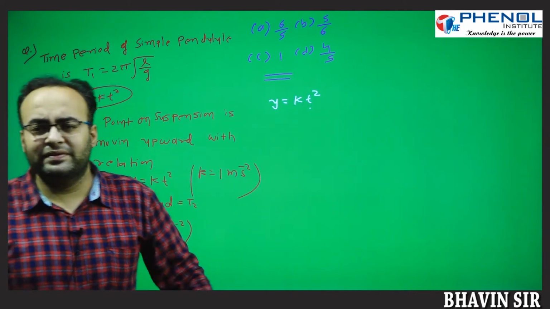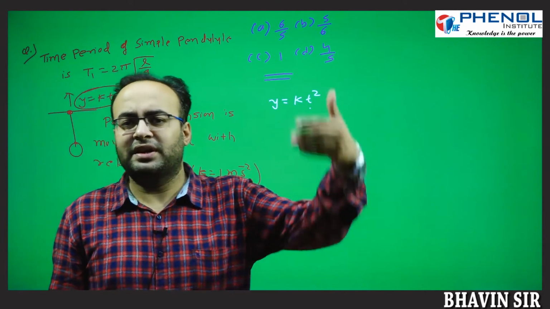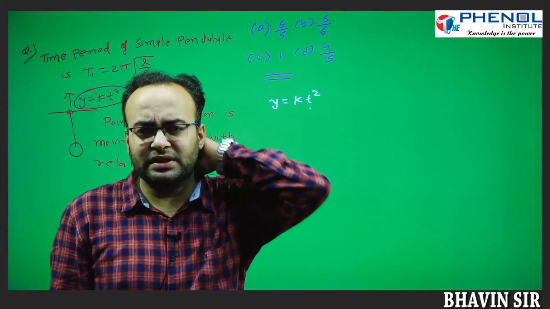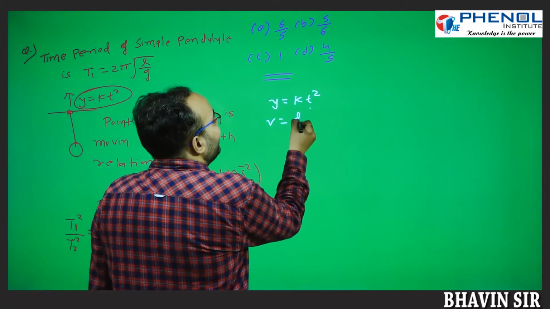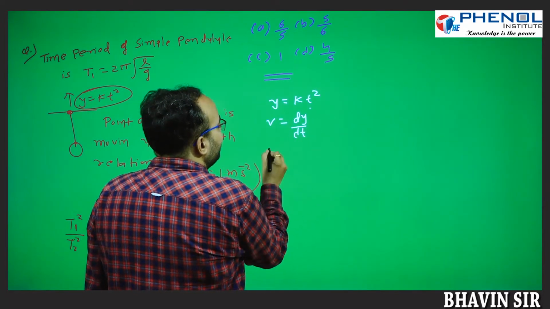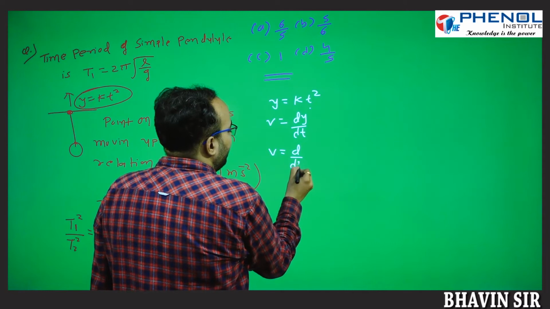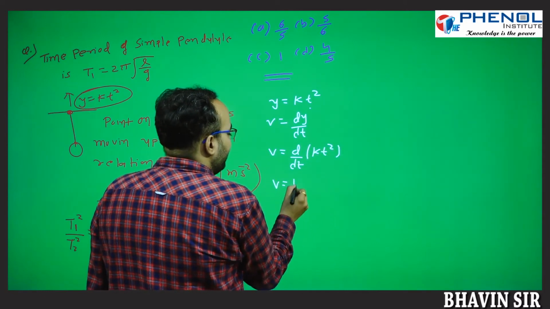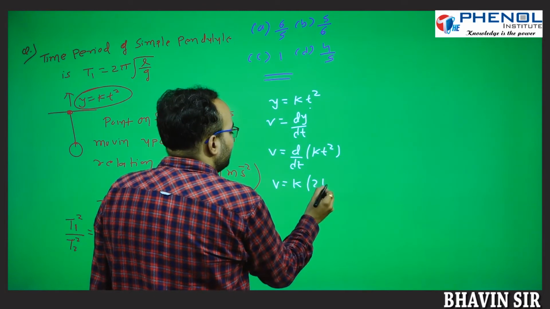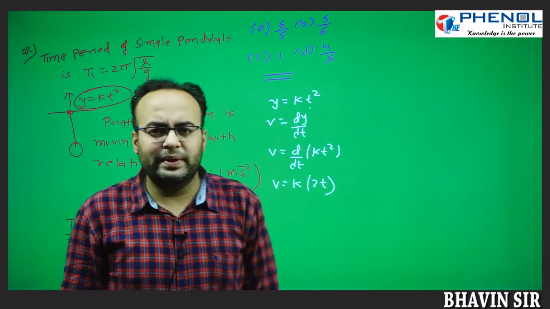So first find the velocity. Y is the displacement in the vertical direction. Velocity is dy by dt. Now what is y? kt square, k constant. What is the differentiation of t square? 2t.